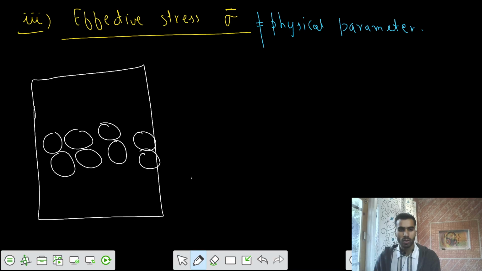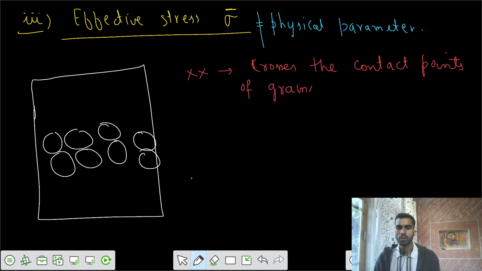I would draw the cross section XX such that it crosses the contact points of those grains, the soil solids.